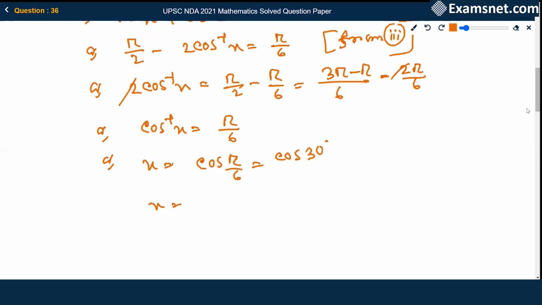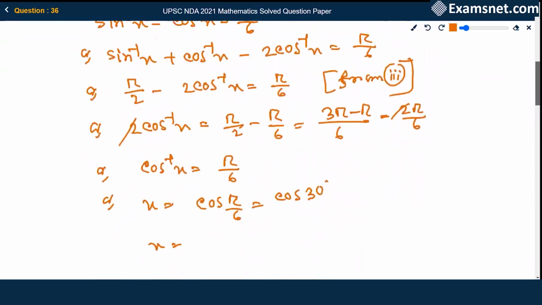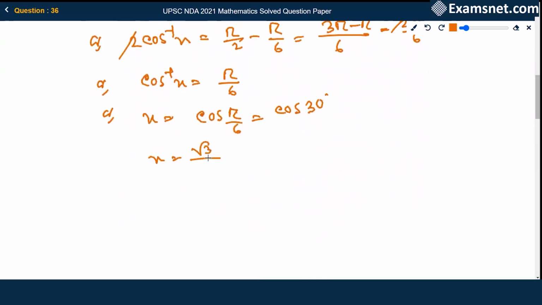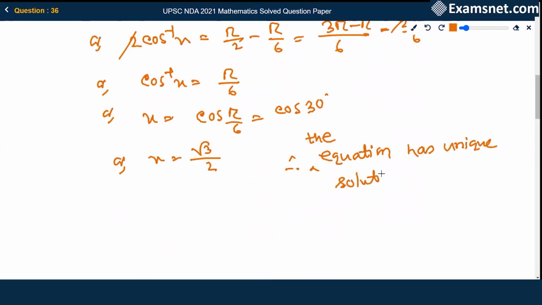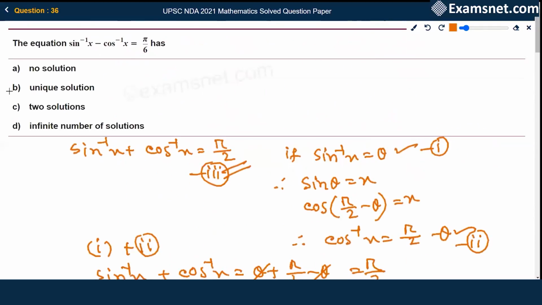We have seen that cos 30° gives us the value root 3 by 2. So x equals root 3 by 2. Therefore, the equation has a unique solution. Option B is the correct answer.